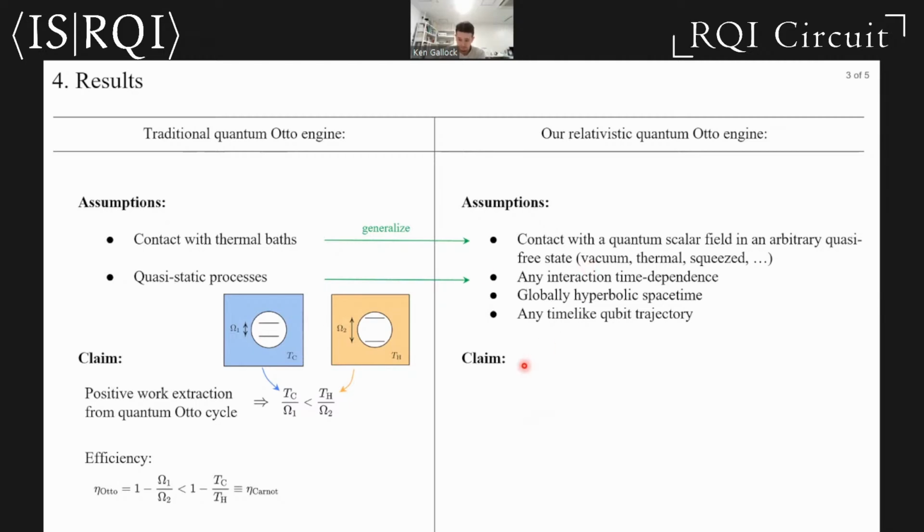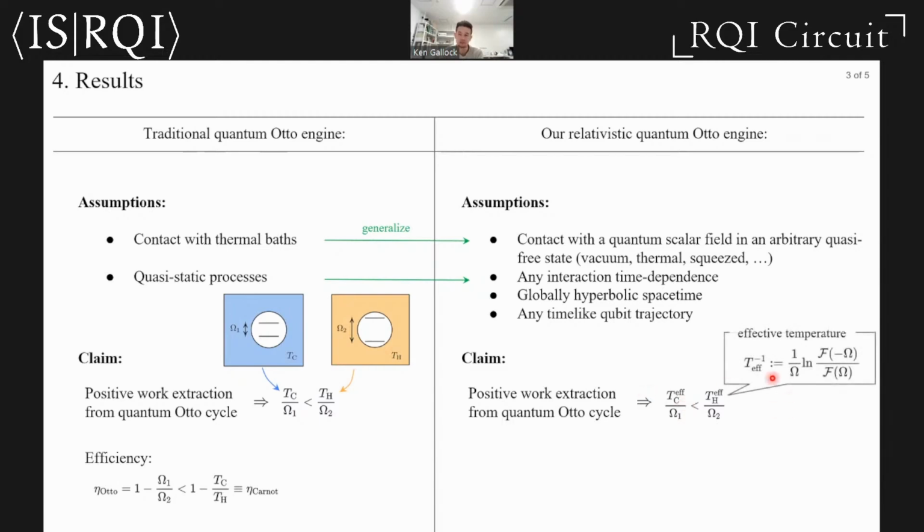Now, in our case, we can also consider the positive work condition, and we can mathematically prove that the condition takes this kind of form, where my temperature is no longer the actual temperature, but it is something called the effective temperature observed by the qubit.